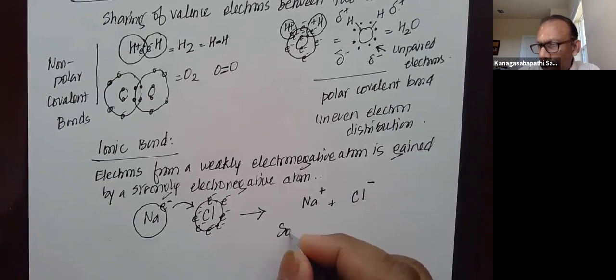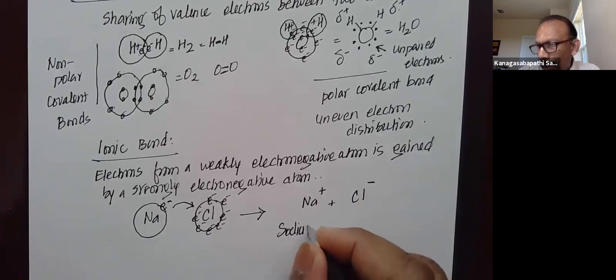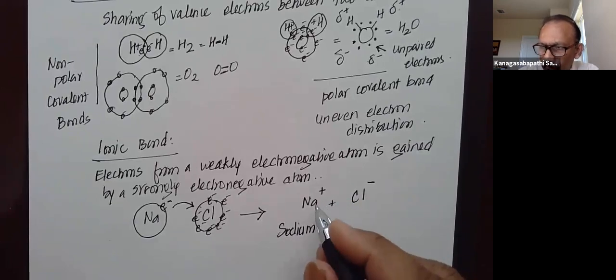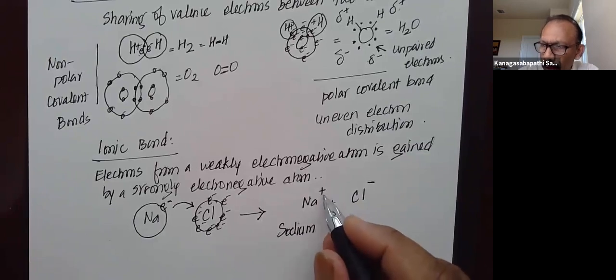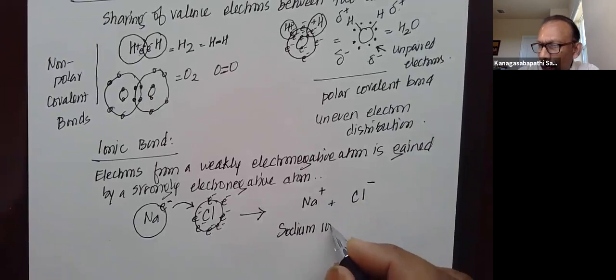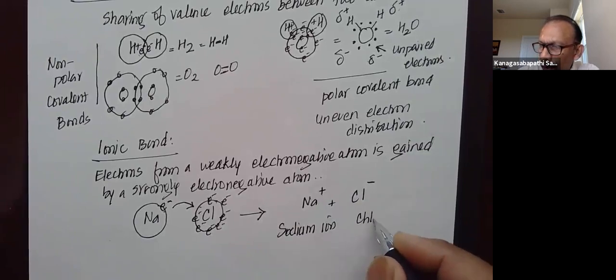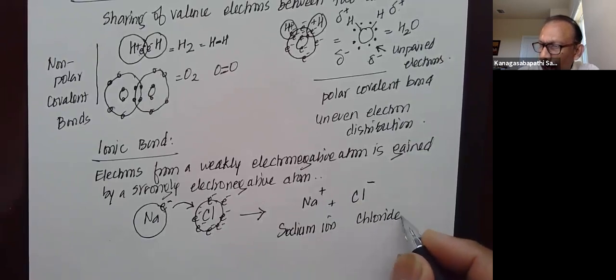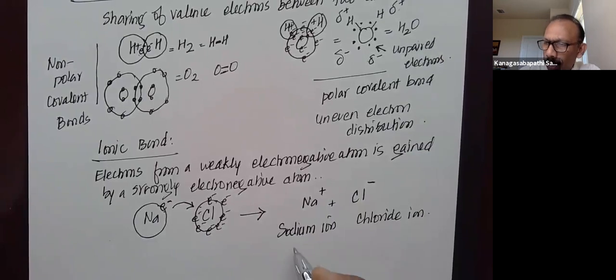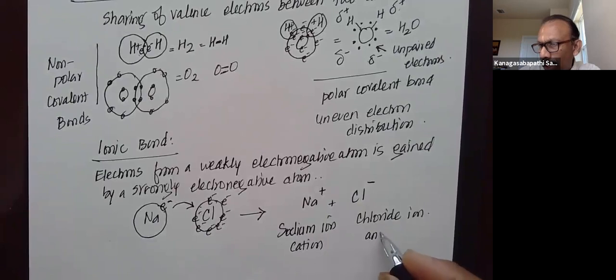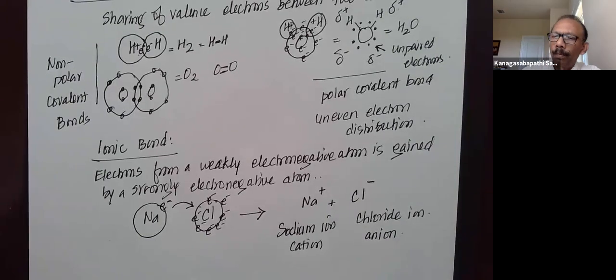Okay, so sodium loses an electron, so you have an extra proton. That is what is called a positive charge. And the chlorine now becomes a chloride ion, which has a negative charge. So you call this a cation, and this negatively charged one is called an anion.